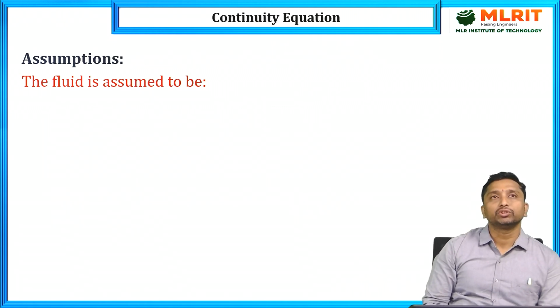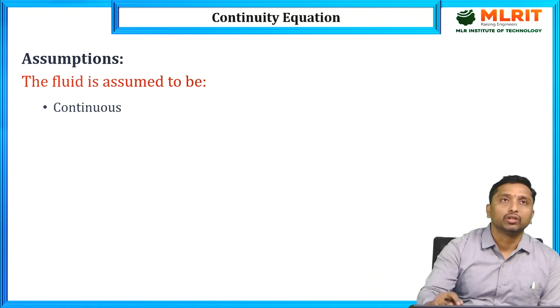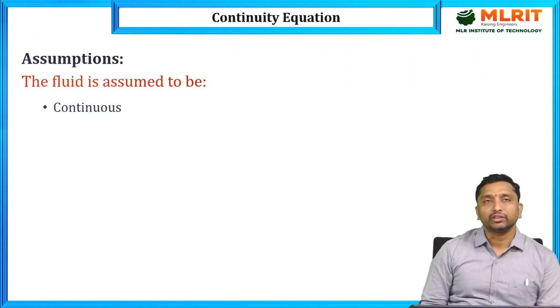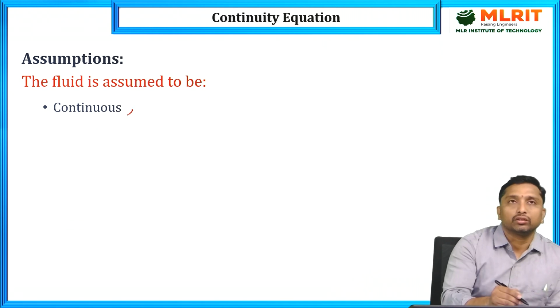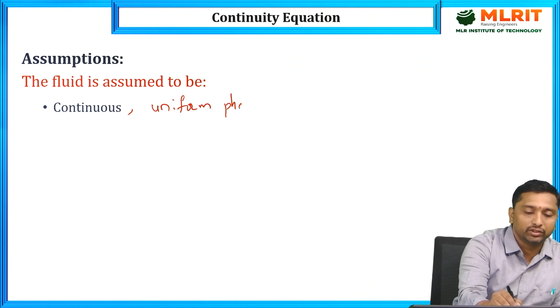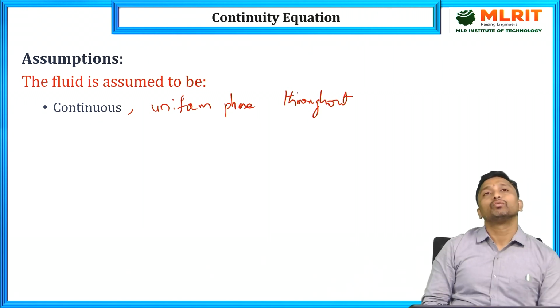The first assumption is that the fluid is assumed to be continuous. That means it is having a continuous medium, there are no discontinuities in the flow, and at the same time the fluid is assumed to be of single phase or uniform phase throughout the flow.